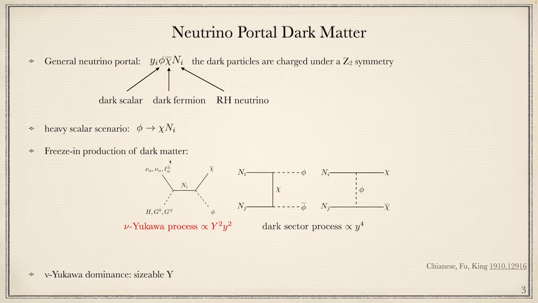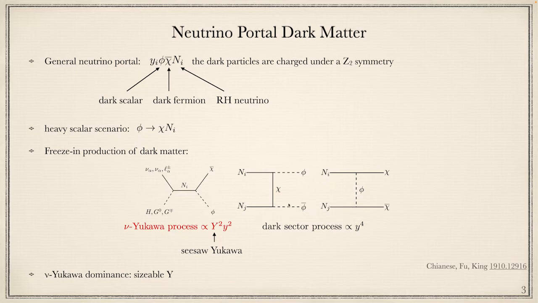In the freeze-in production of the dark matter, there are three different processes involved. The first one is called the neutrino Yukawa process. It's the scattering between the standard model particles mediated by a right-hand neutrino into a dark fermion and a dark scalar. The amplitude of this process is proportional to capital Y squared times small y squared, where capital Y is the Seesaw Yukawa coupling and small y is the portal coupling.